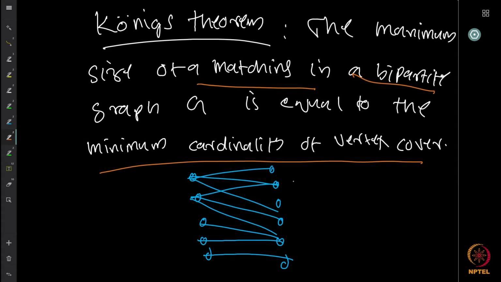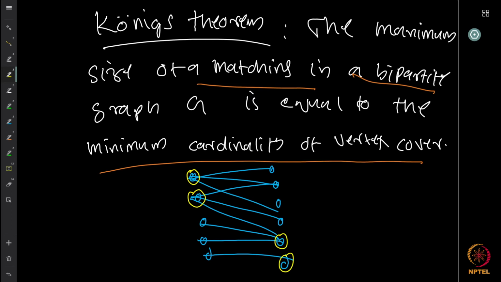For example, if you look at this bipartite graph, can you find a cover of the edges of minimum cardinality, and show that it is actually the largest matching that you can find? For example, I say this one and this one, this one and this one. This defines a cover of all the edges, because all the edges are incident to these four vertices.